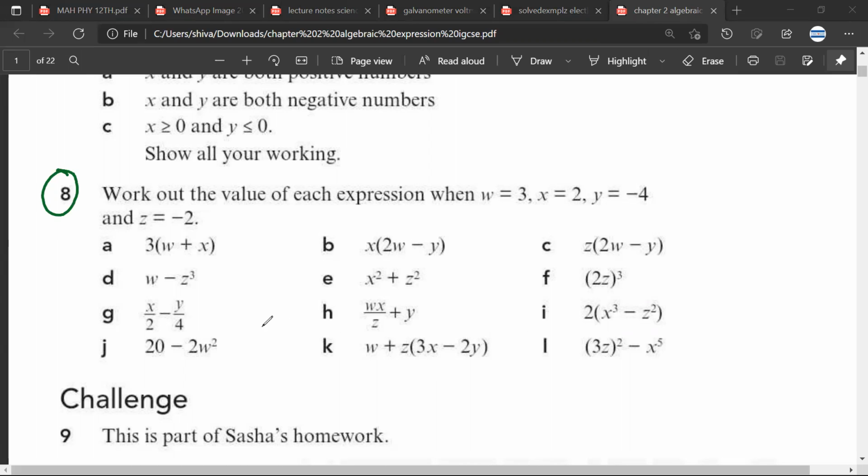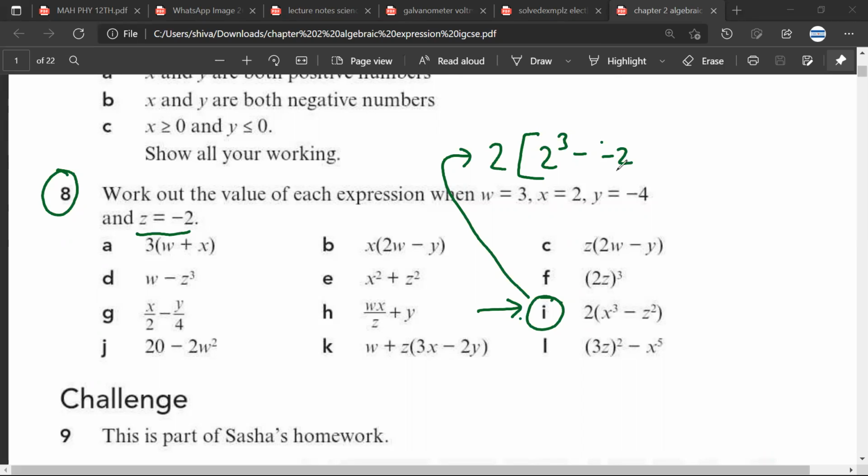Sarthak, can you tell me how to do I part? So x is 2, so it will be 2 into (2 raised to power 3 minus z), and z is minus 2 raised to power 2.